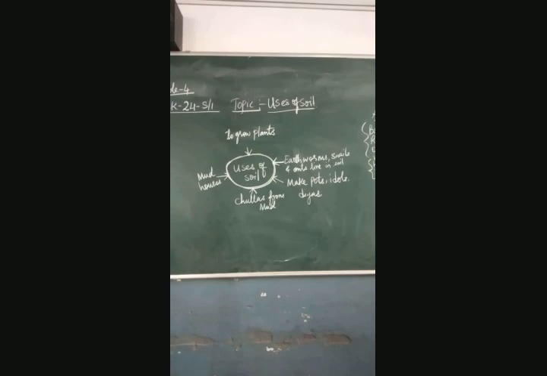Already you have learned, if there was no soil, there would be no plants, isn't it? We depend upon plants for food. If there were no plants, we would not get food, isn't it? So soil is important for life to exist. Soil is considered a natural resource because it is made naturally on earth.